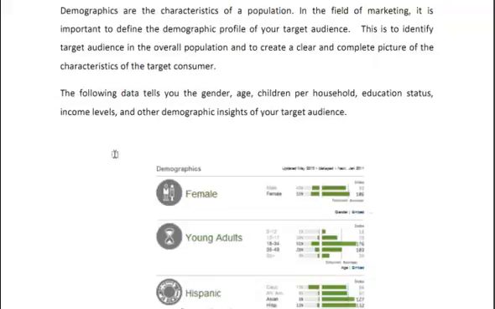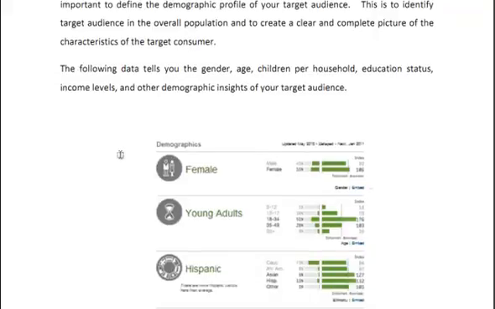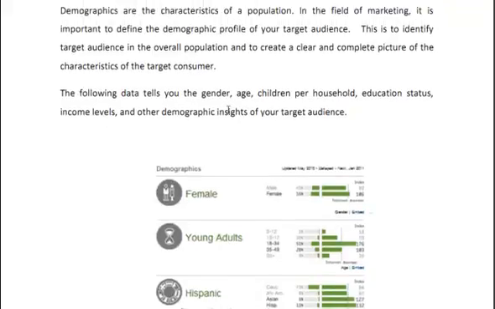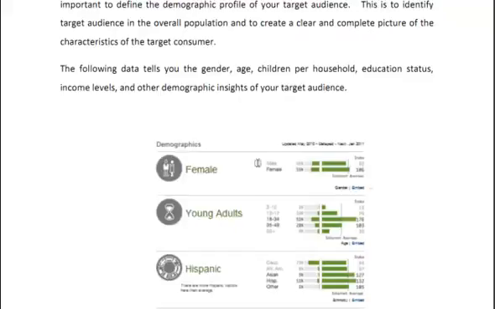So when you're writing your sales copy, for example in this acne niche, the demographics say it's majority females. You have to write it in a way that appeals to females, as if you're talking to a female prospect.